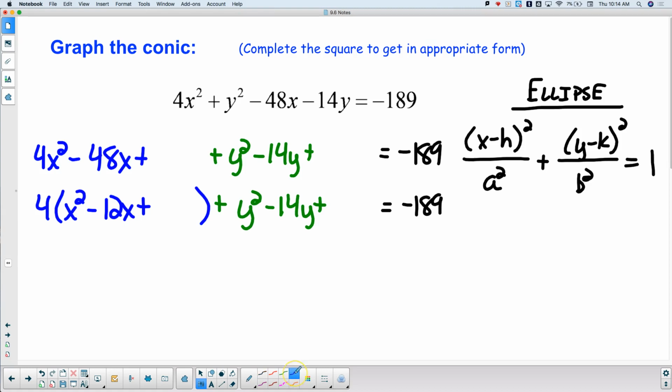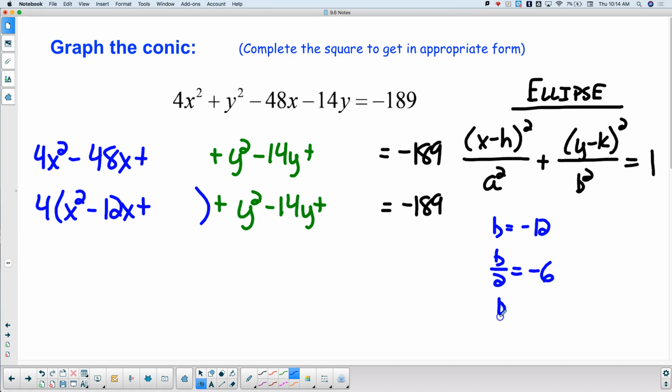Then we said, okay, so now let's look at the b value, and the b value there is negative 12. And that negative sign is important. I take that number and divide it by 2.